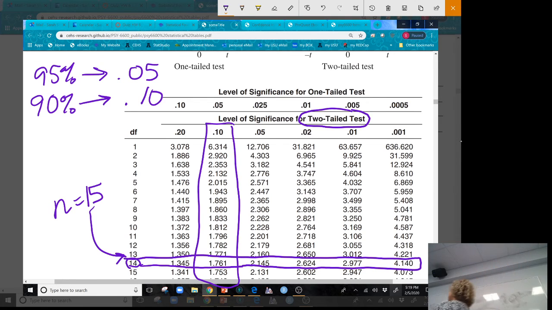So what critical T value do we use? Which critical value? 1.76 instead of the 1.96.